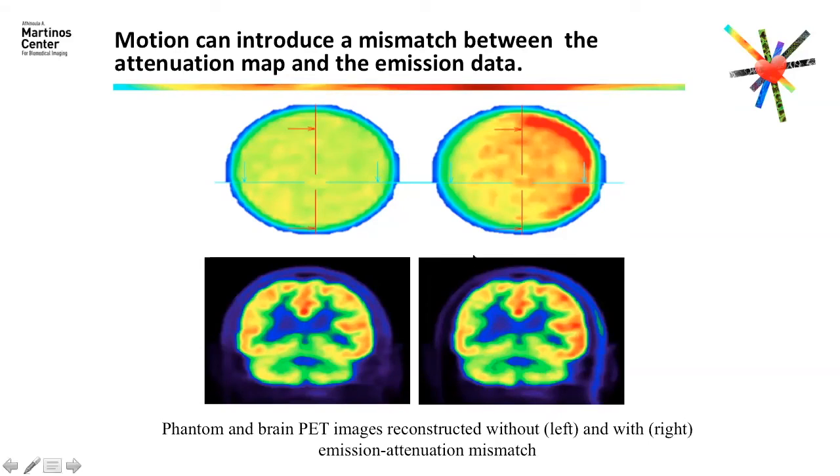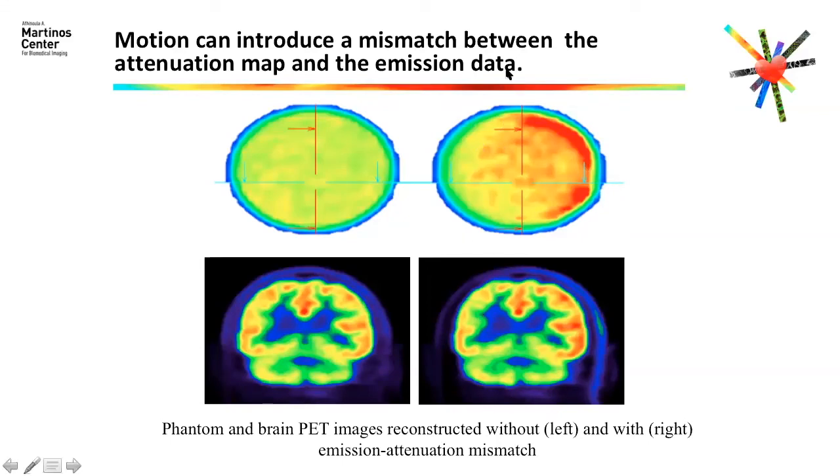So in this case, because of the emission and attenuation mismatch, the patient moves to one side, in this case to the right of our image, and the left side of the image becomes less intense. And that is very similar to what happens in some of the dementias, the lateral dementias.